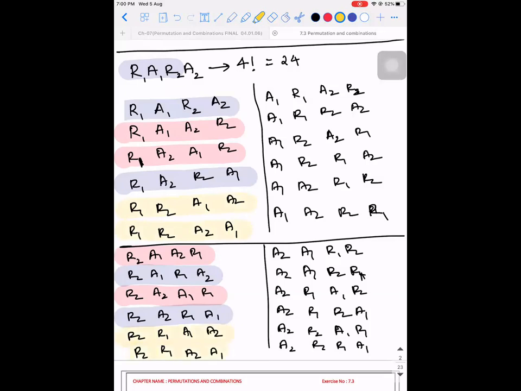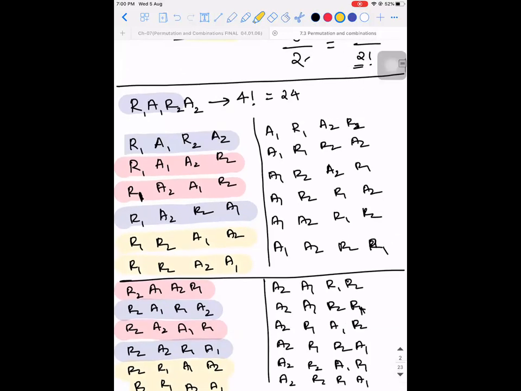How many colors did I use now? 3 colors. Out of the 12 words, how many words are actually distinct? There are only 3 actual words. Remaining things are repeated. Am I right?